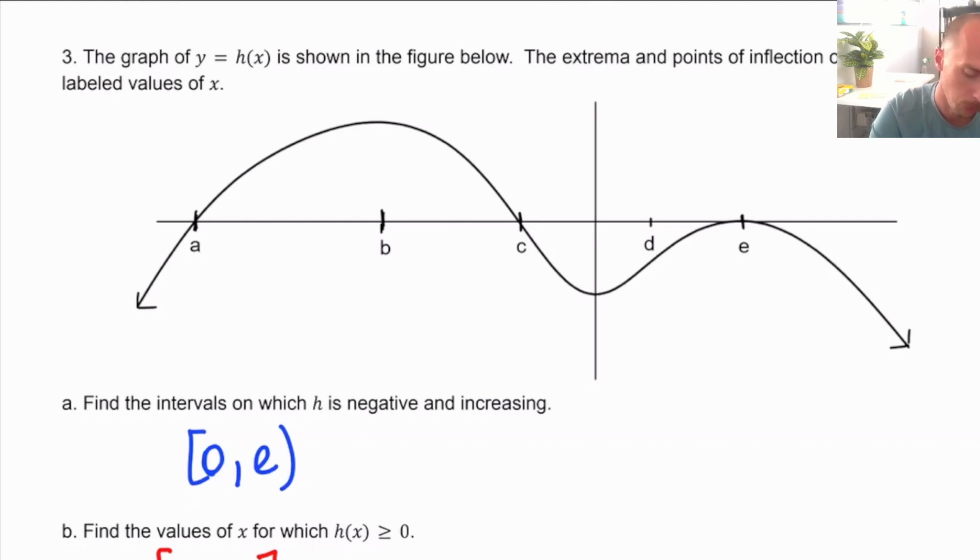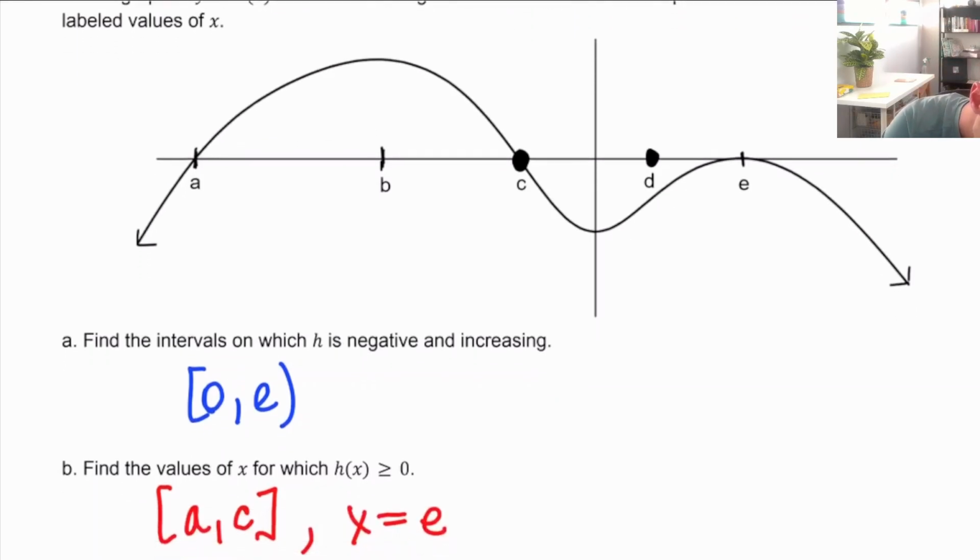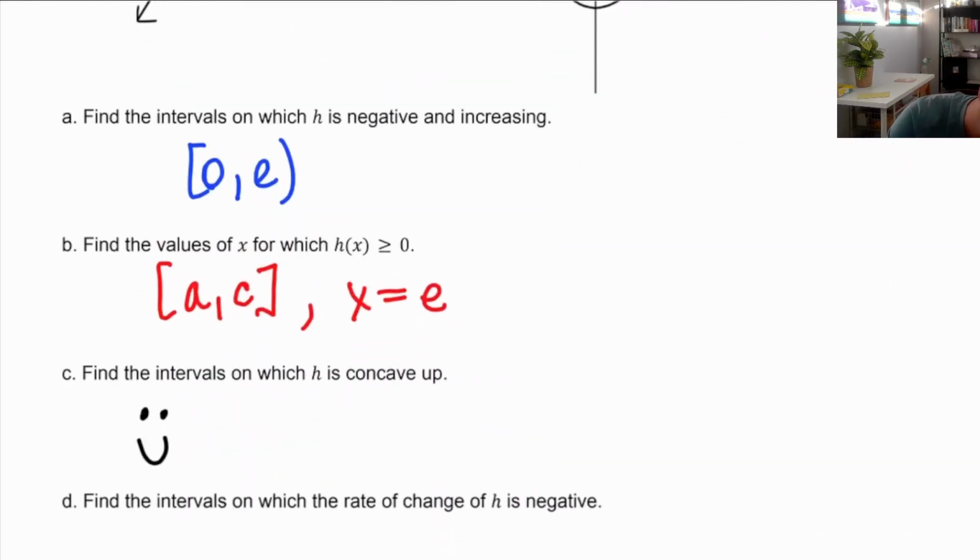And they said that all of the points of inflection and extrema are labeled, so I'm thinking that this is going to be one of them. It looks like the graph is frowning to the left of c and smiling to the right of it. And then I think d is going to be the other one because it's labeled and it's not an extremum, so it must be a point of inflection, right? So I'm going to say concave up is from c to d.